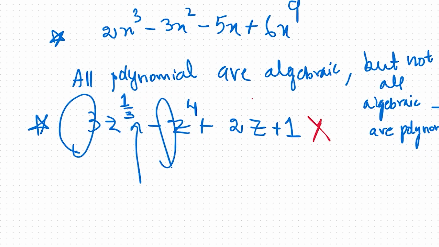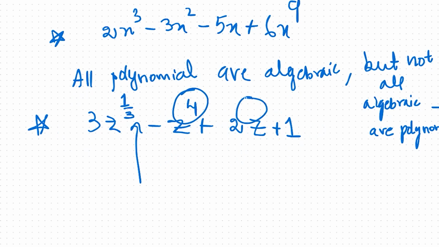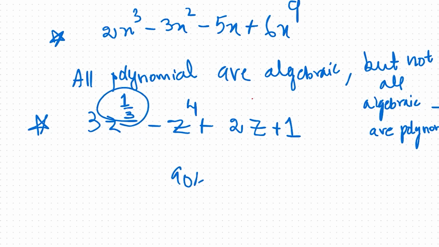Even though it follows the majority of the rules, the numbers are all real and the other exponents are still whole numbers, just because of this, the overall answer is it is not a polynomial. Even though it is following 90% of the rules, just because of this, the entire answer is not a polynomial.